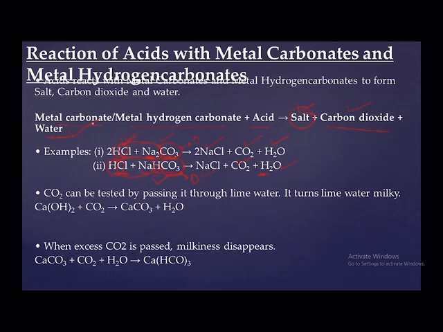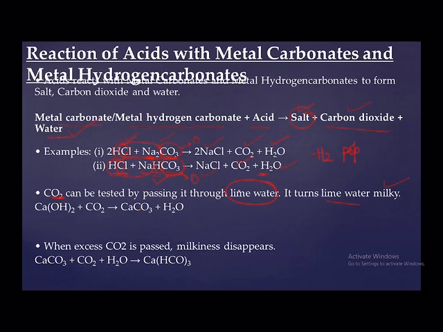So we tested in the previous scenario how the hydrogen gas is released, that is by the development of the pop sound. Carbon dioxide, if it is released, can be tested by passing it through lime water. If we pass the carbon dioxide gas into the lime water, the lime water turns milky.